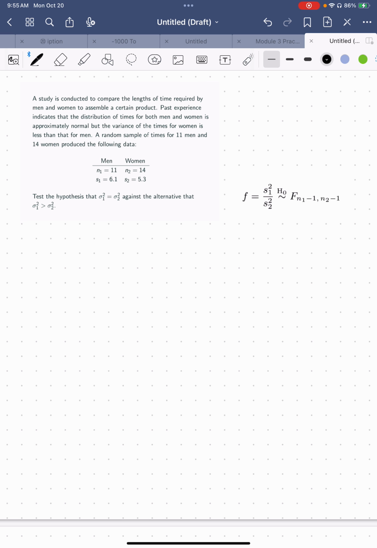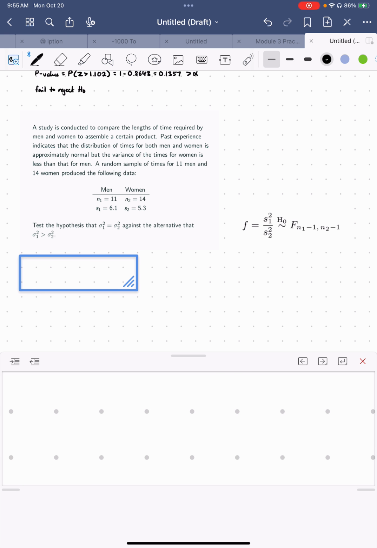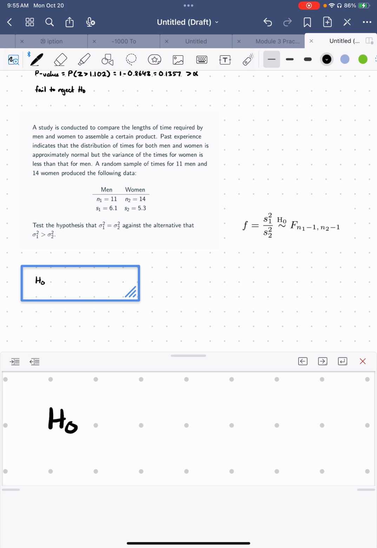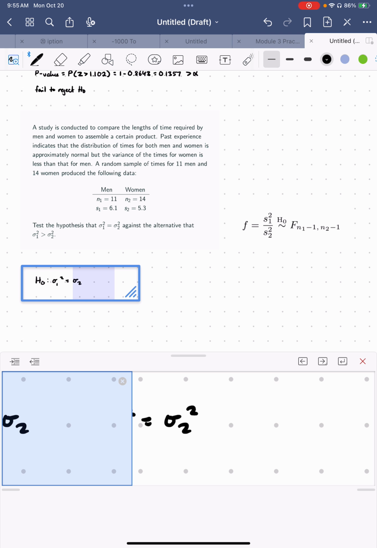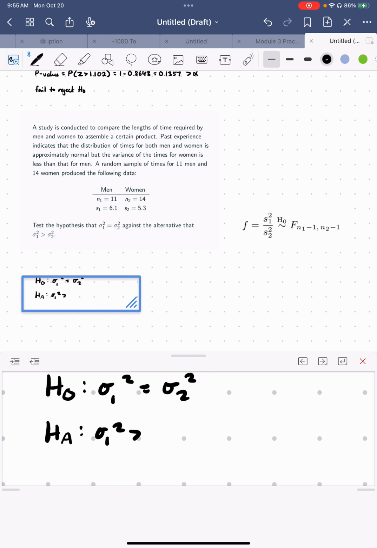So first, let's write our hypotheses. We have our null hypothesis over here, and our null hypothesis would be that our variances are equal, and our alternate hypothesis is that our first variance is greater than our second variance.